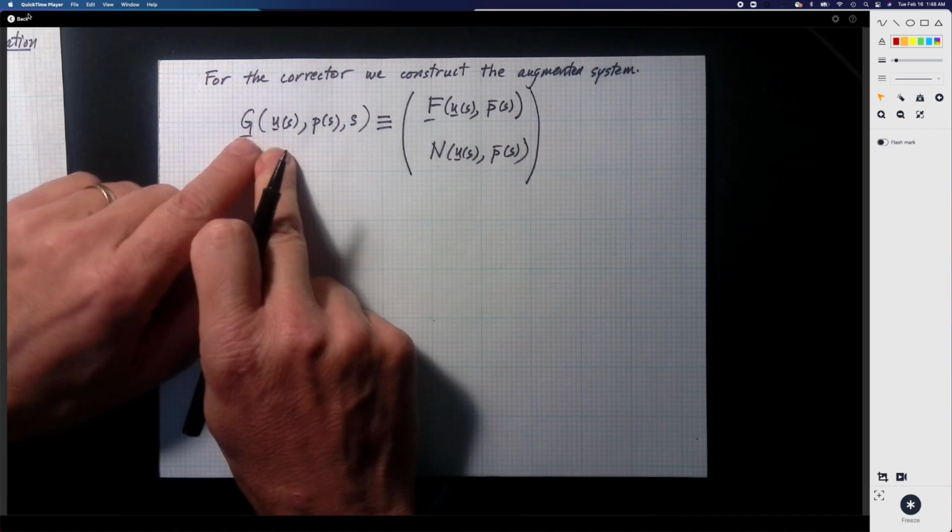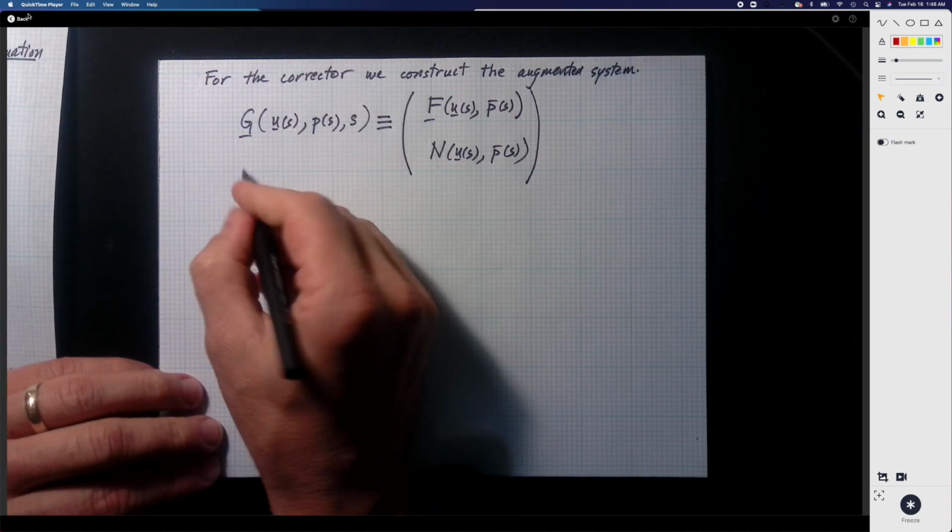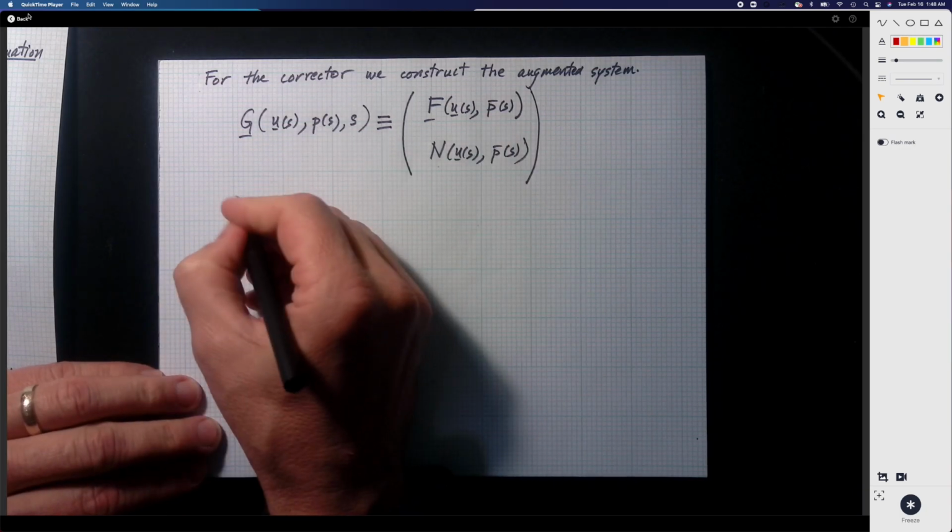And then we're going to apply Newton's method to G.